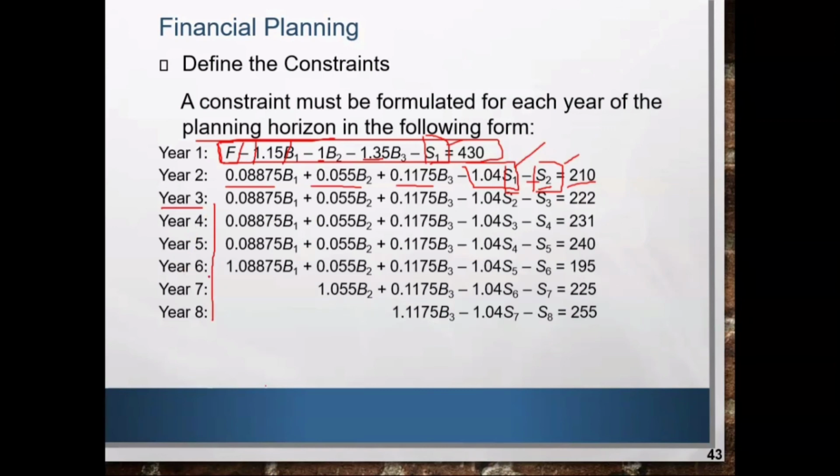But you will notice here in year 5 or year 6 that the bonds mature. This is bond 1, bond 2, bond 3. Observe that the problem states that bond 1 matures after 5 years.